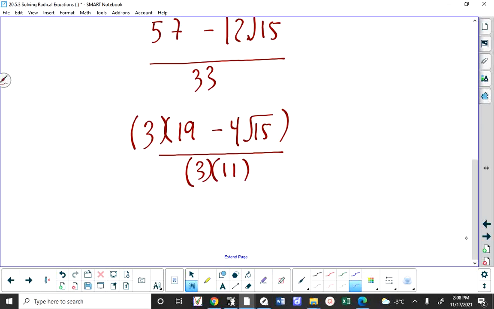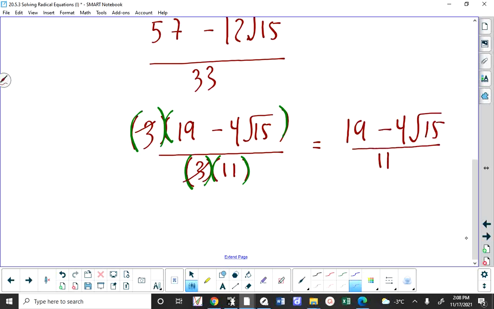But I'm doing it to point out to you again, the only time you can cancel something is if it's a factor. And why is something a factor? Something is a factor because it's in brackets being multiplied by everything afterwards or before. So the 3's do in fact cancel. And you're left with 19 minus 4 root 15 over 11.